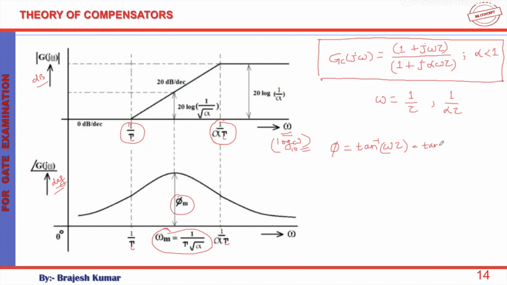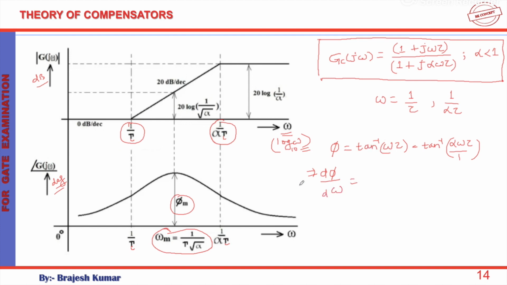So it will become tan inverse omega tau minus tan inverse alpha omega tau. Okay. So what we'll perform is basically d phi upon d omega.